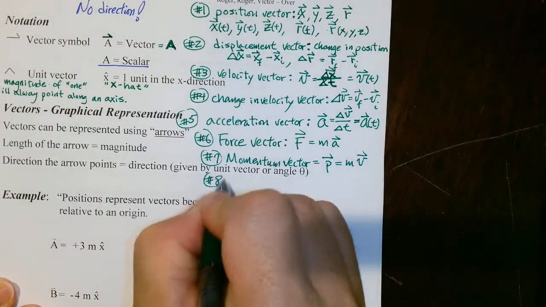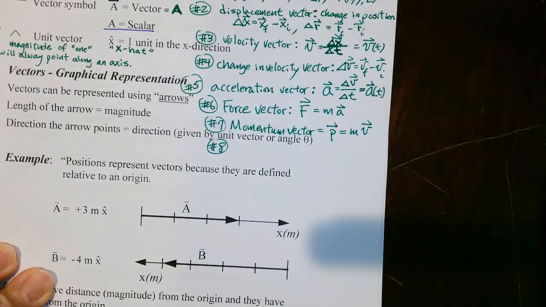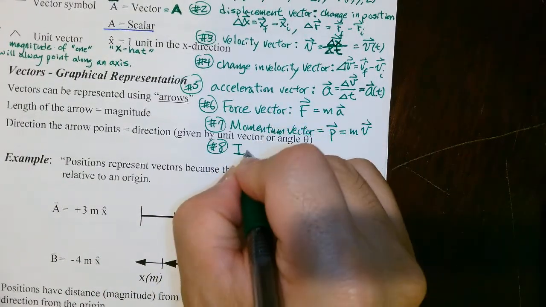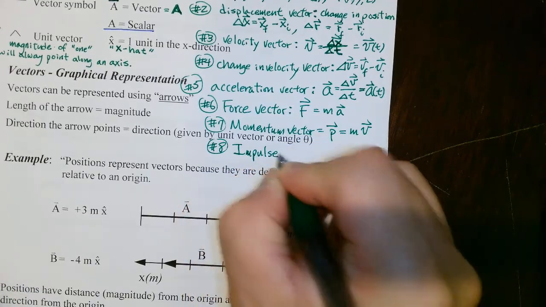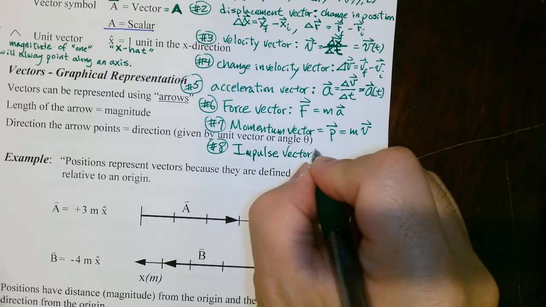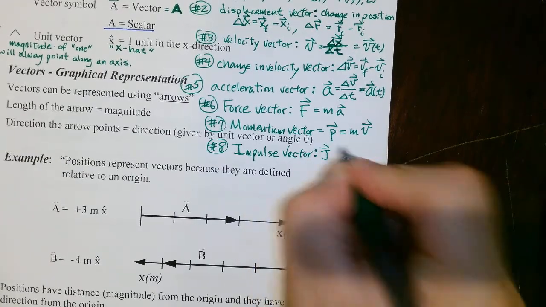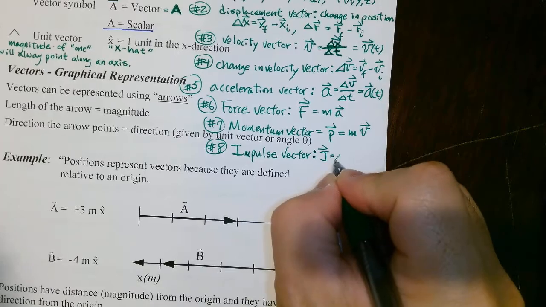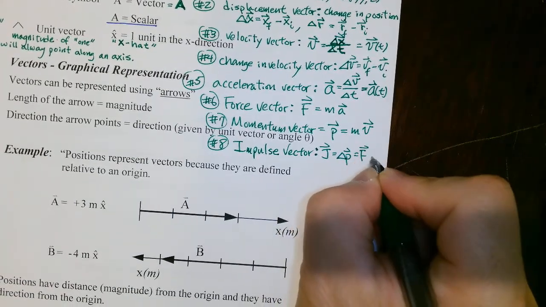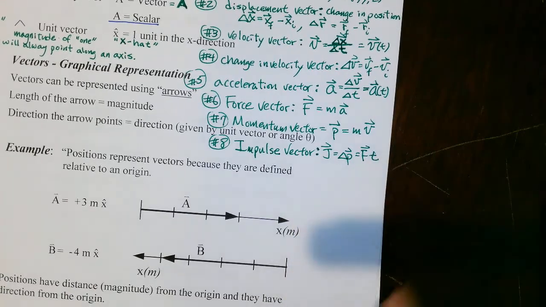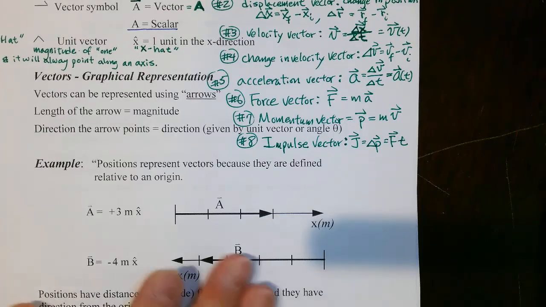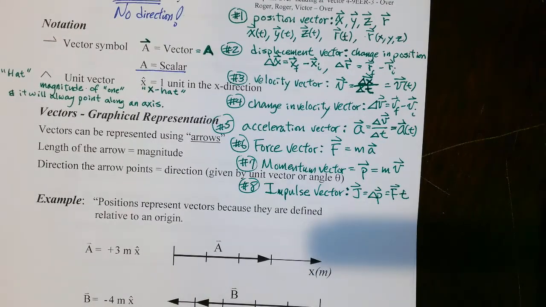And last but not least, impulse can also be two different forms. An impulse vector is represented with capital J, and that is the change in momentum vector, or force vector times time. Now, for juniors, if you're staying around after the seniors leave for their senior vacation, we're going to be learning about rotations.